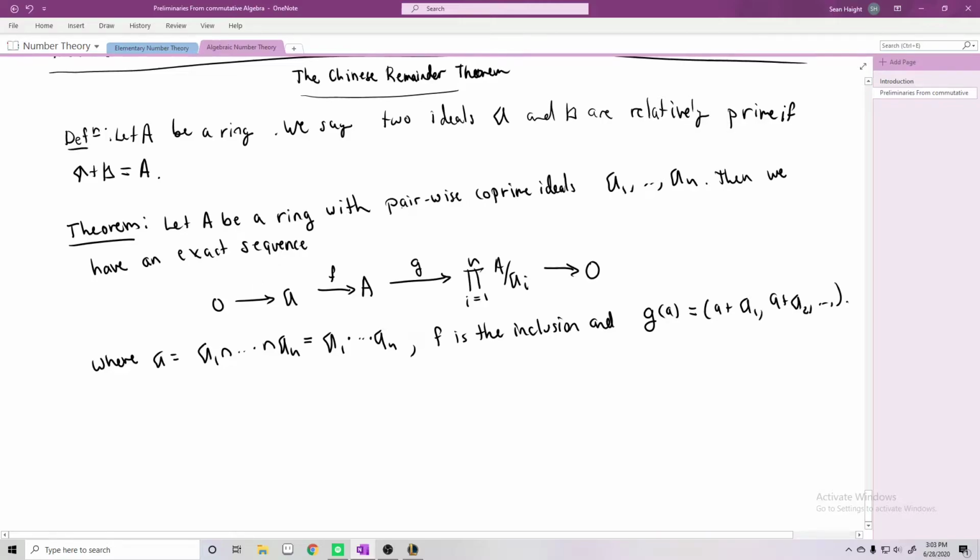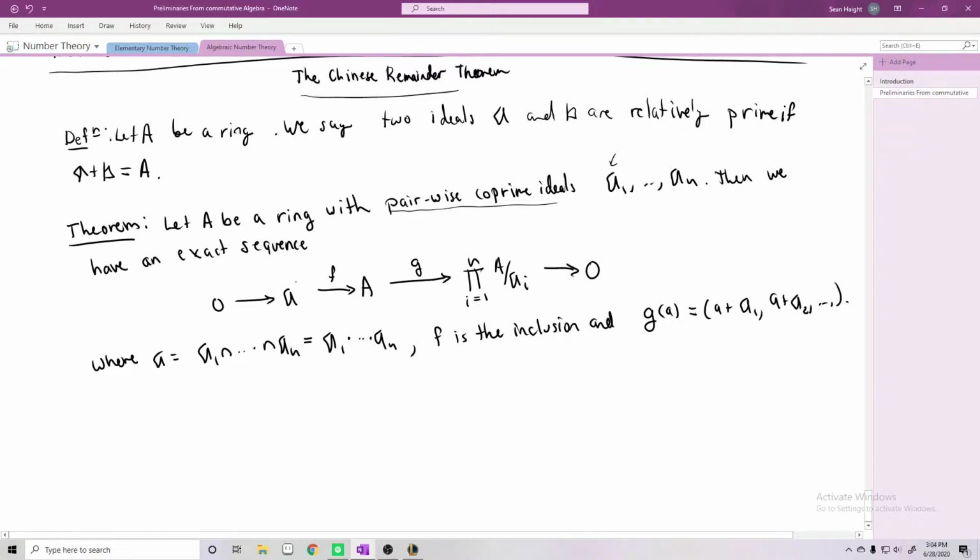Maybe another thing I should mention is, what do I mean when I say pairwise coprime here? This means that if I pick a1 and a4, then those two ideals are coprime. Any pair of ideals in this list are coprime.